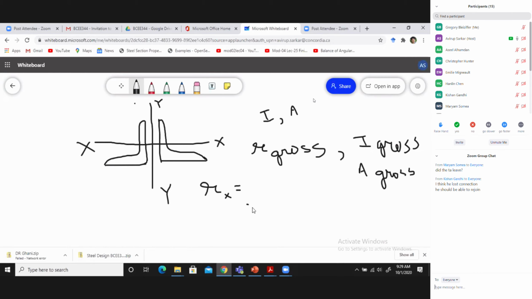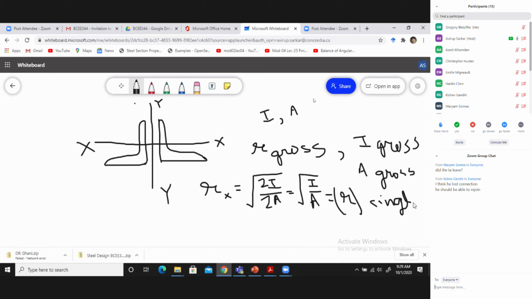Okay, so it will be 2I, and the area also will multiply by 2. So that will give me the same I by A, which was for a single section. So this is the same R for a single section.